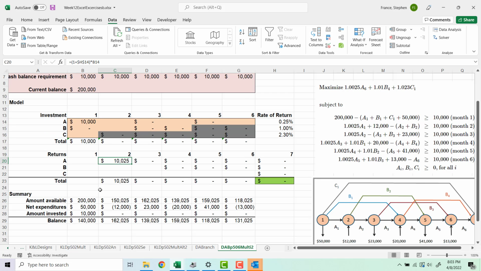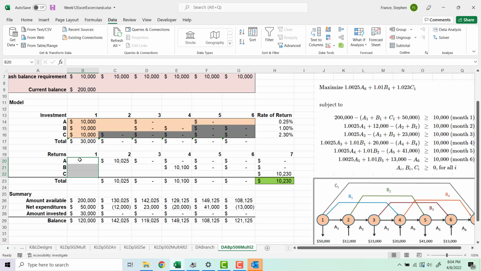We'd get a return of 10,025 in period 2. I invest $10,000 in B in period 1. I get 10,100 in period 3. And if I invest 10,000 in C, then I get 10,230 in period 7.